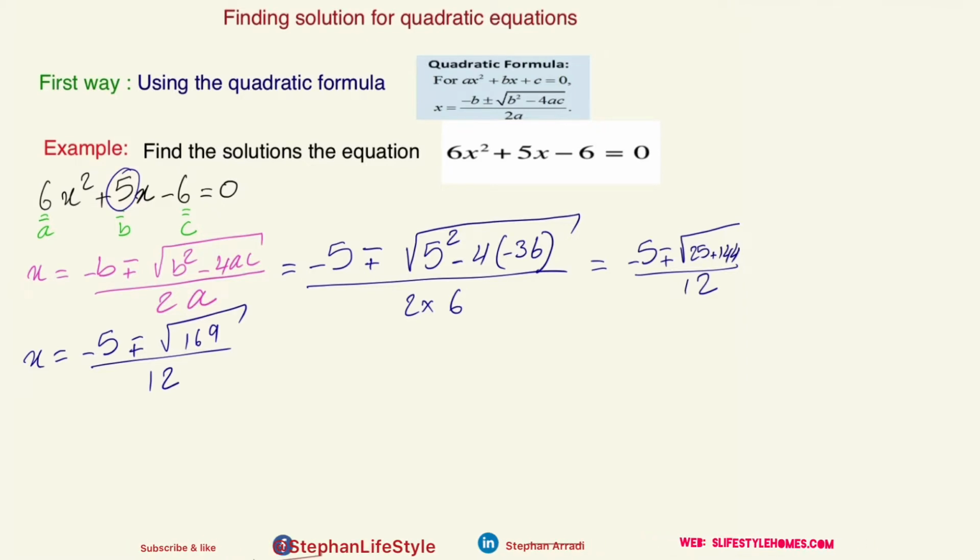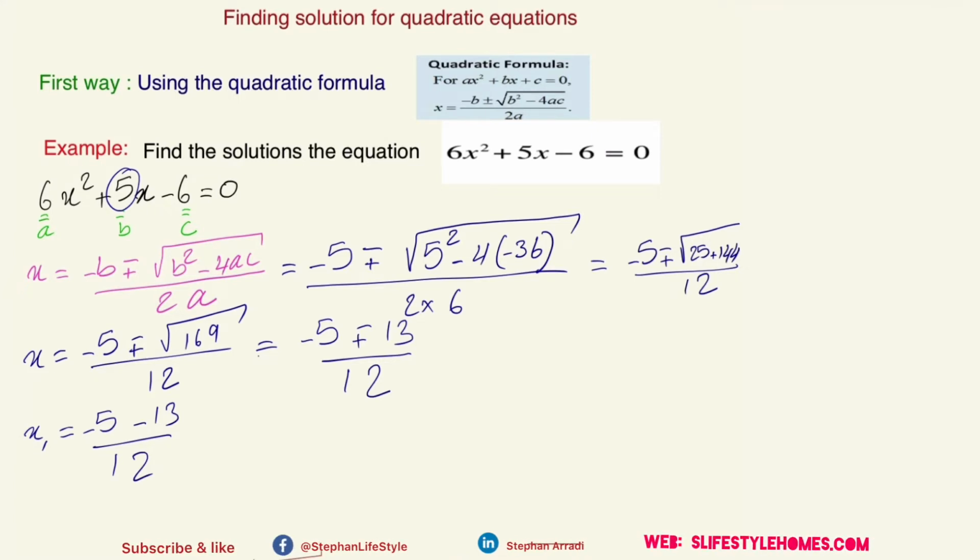The square root of 169 is equal to 13. So this gives us minus 5 plus or minus 13 over 12. So x1 is equal to minus 5 minus 13 over 12, and x2 is equal to minus 5 plus 13 over 12.